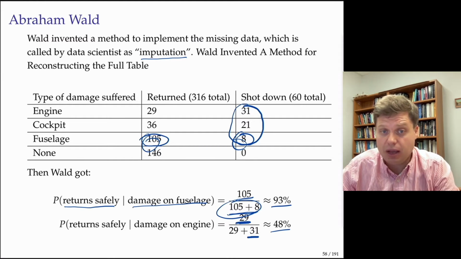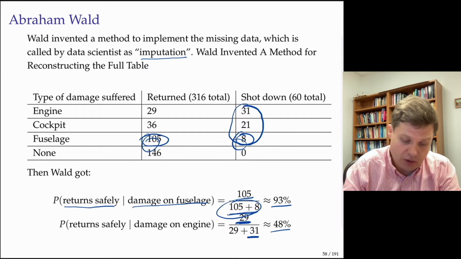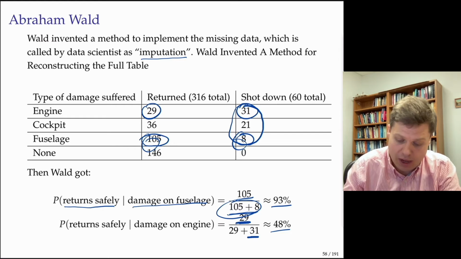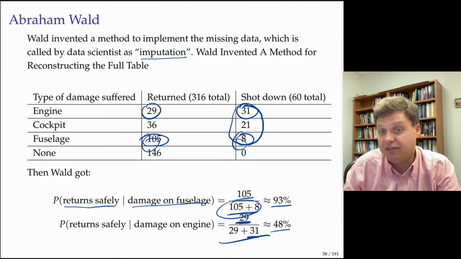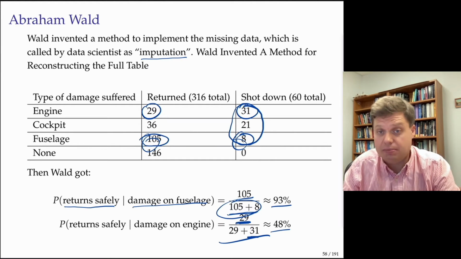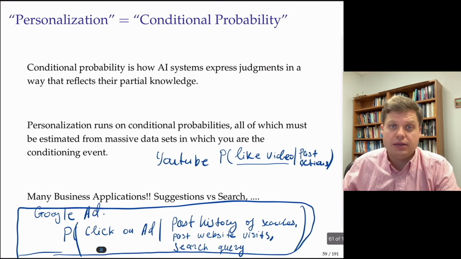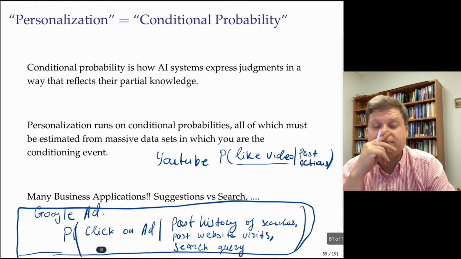And if you do the same calculations for the engine, you have 29 airplanes that did come back home safely, and 29 plus 31 in total. So roughly 50% of the airplanes actually did not come back home safely. So the engine is a much more vulnerable part. If you have to reinforce something, you want to reinforce this part of the airplane.